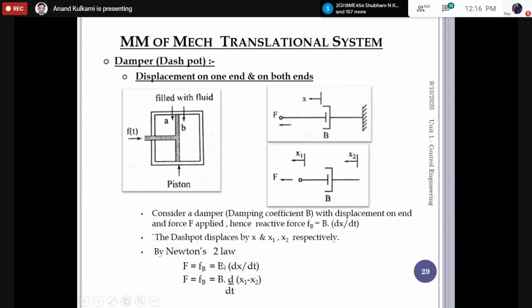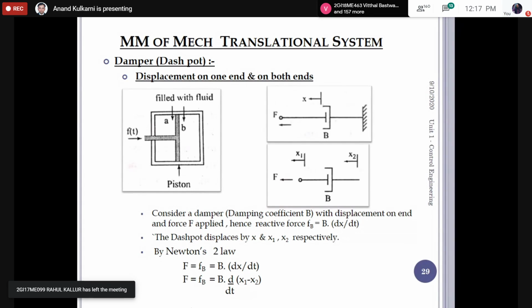So the damping coefficient multiplied by velocity is the force, just as in the spring, stiffness multiplied by displacement is the force. If x is the displacement, velocity is dx by dt. That's why it is written like that.